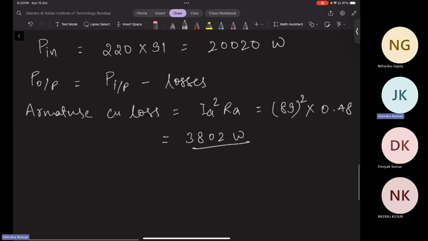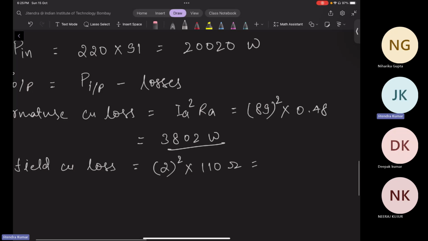Okay, so we found armature copper loss. Now, what about field loss? It is 2 amps into RF. RF is 110 ohm. It is 440.